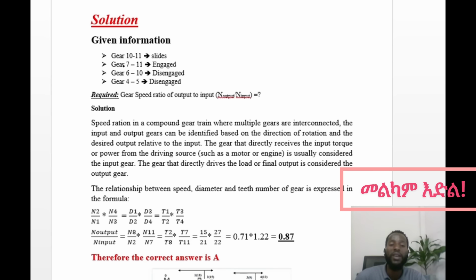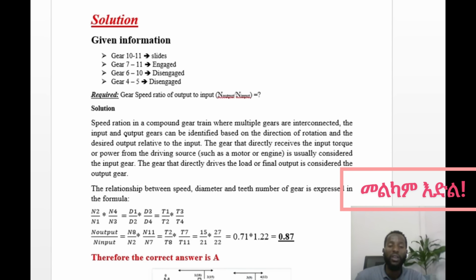Given information: gear 10 and 11 slide, gear 7 and 11 engaged, gear 6 and 10 disengaged, gear 4 and 5 disengaged also. And we are asked to calculate the gear speed ratio of output to input. That means n output, the ratio of n output to n input, which is unknown.